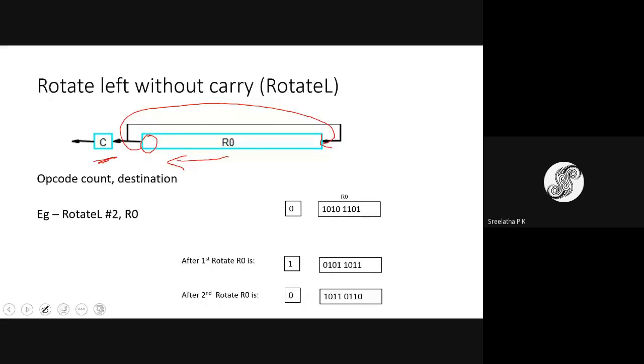Here the format is the same: opcode, count, and destination. Okay, by how many bits the shifting should happen, and whenever there is a shift, the value which is taken out from the register is moved back to the other end. That is rotate instructions.